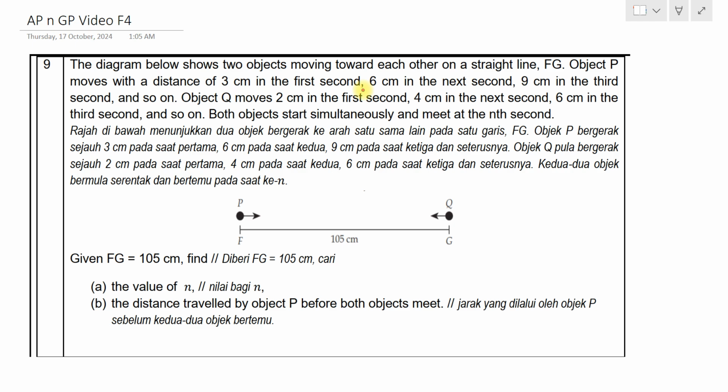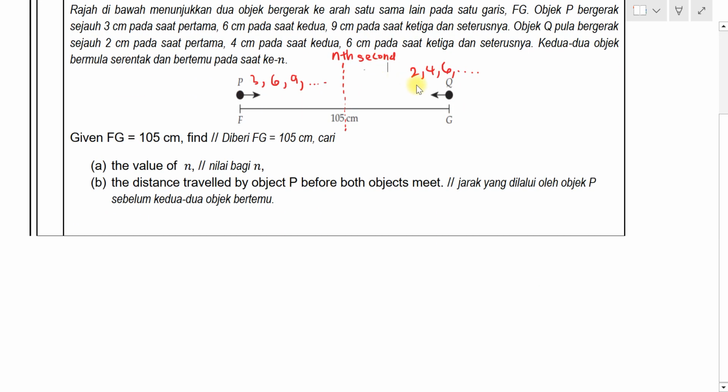Object Q moves 2 centimeter, 4 centimeter, and 6 centimeter from the opposite side. So both objects will definitely meet at one point, correct or not? The meeting point is on the nth second, and it is also given that FG is 105 centimeter. Find the value of n.